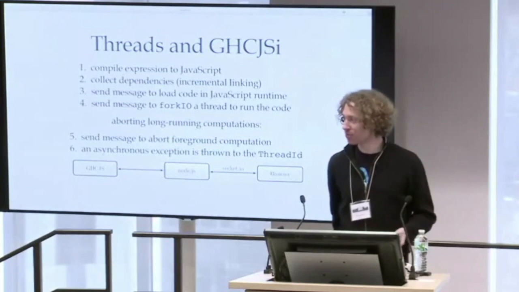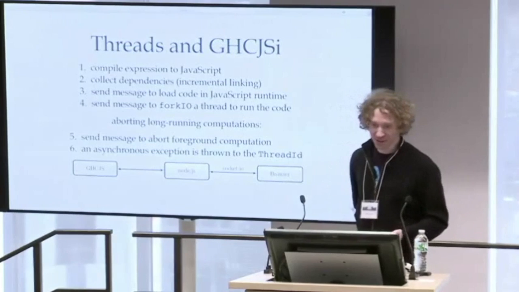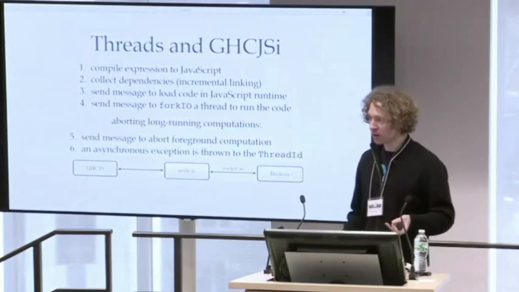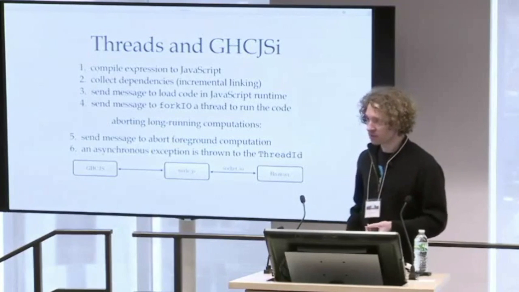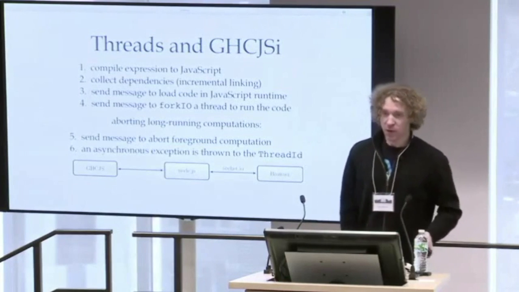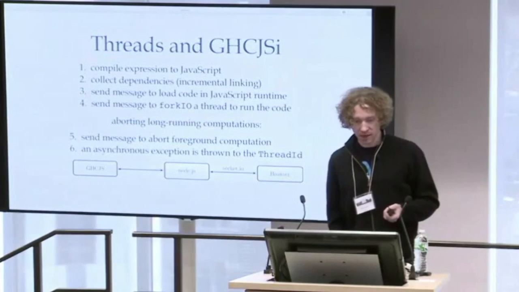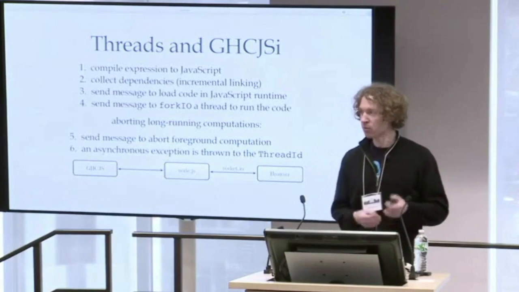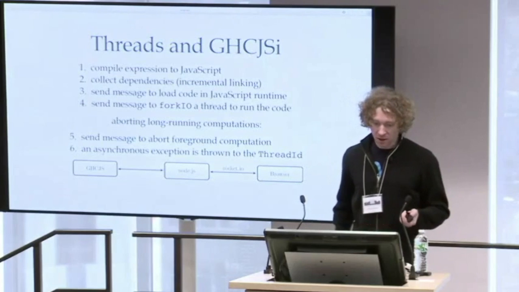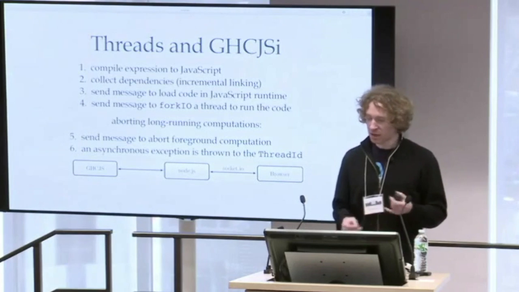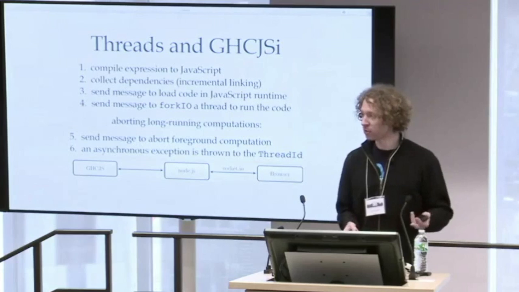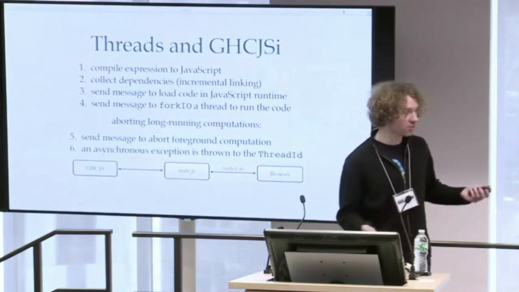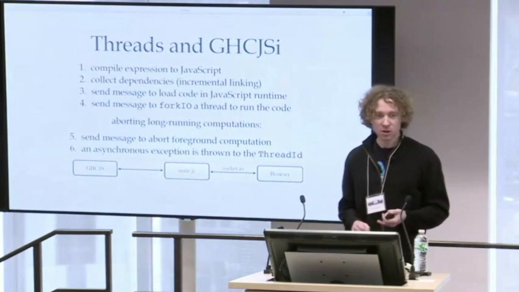And I had this lying around from ICFP and Haskell Exchange, so I thought I'd use it again. But this is not GHCJSi. It's statically compiled into an HTML page with a JavaScript file. But we do have a concurrent Haskell runtime, and that's important, since when we want to make a REPL in this setting, when we enter an expression at a prompt, the first thing that GHCJS does is compile the expression to JavaScript, since that's what it knows to do.